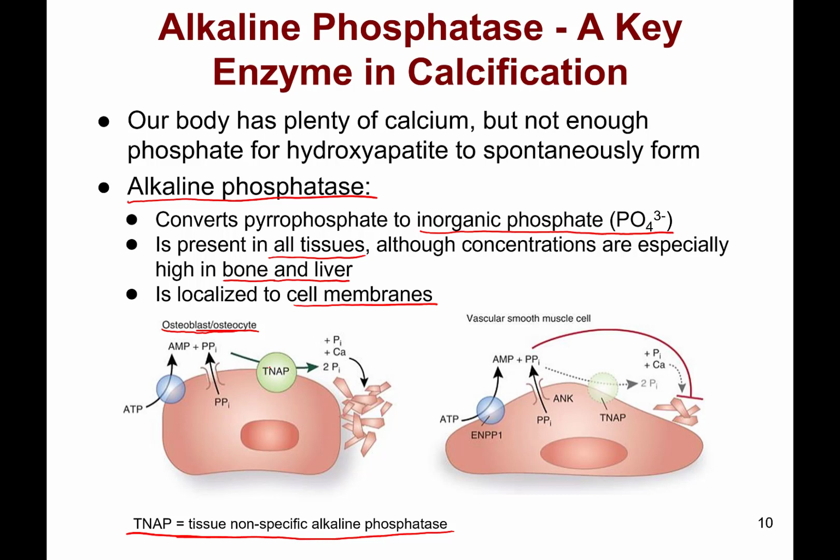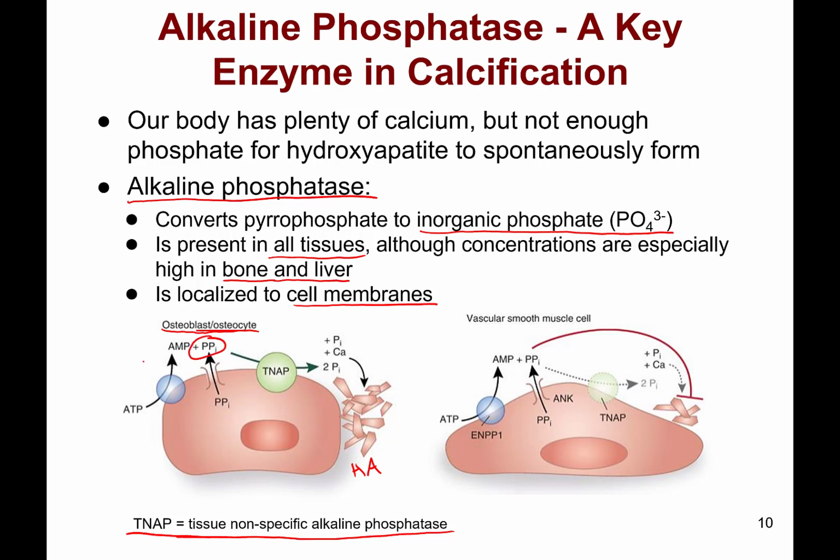It's localized in the cell membrane, and then it plays a role in converting this pyrophosphate here. It gets converted by the TNAP to 2 phosphate ions. So then we have all the building blocks. We have calcium, we have phosphate, hydroxide anions aren't shown, but then we get lots of hydroxyapatite mineral that can form here.